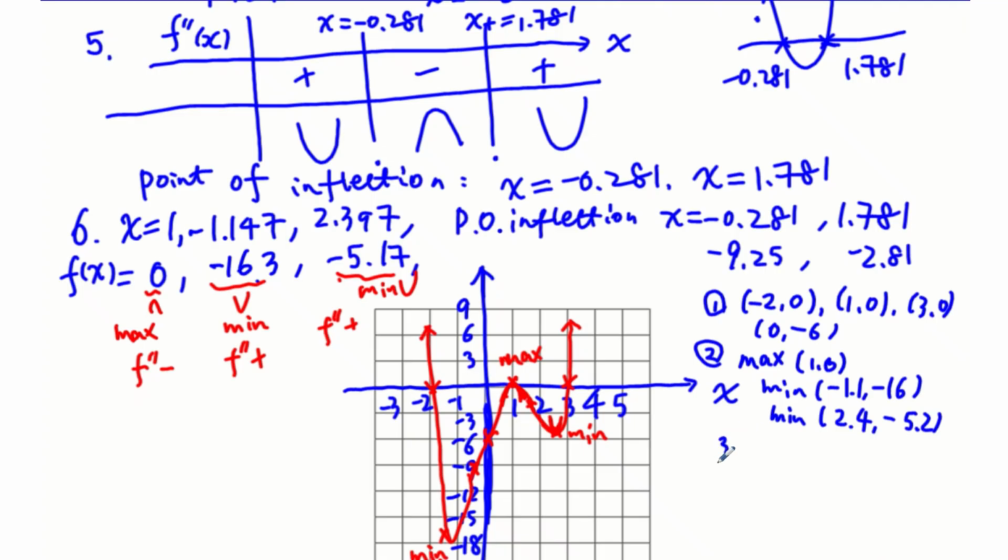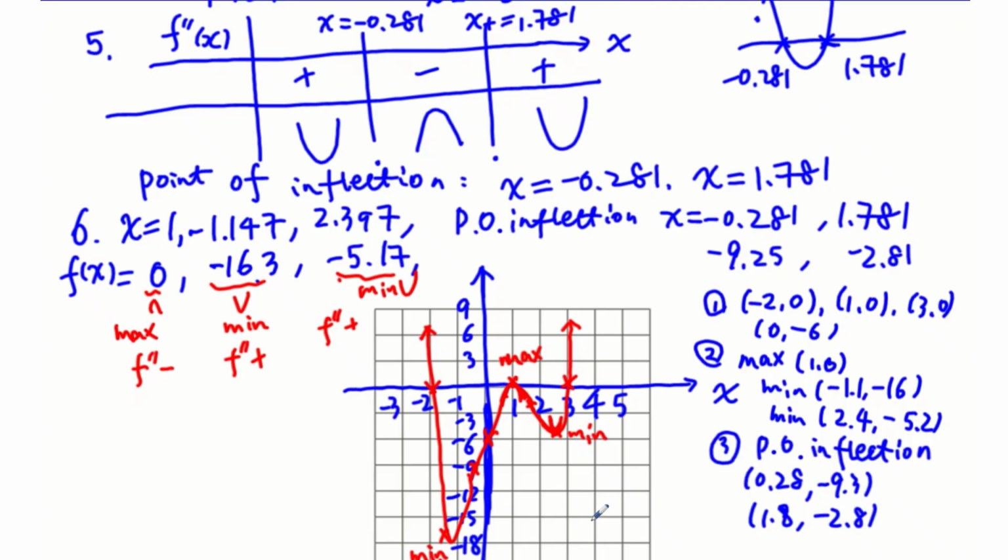Then we find the points of inflection. These are the points that we have used: 1.8, negative 2.8.